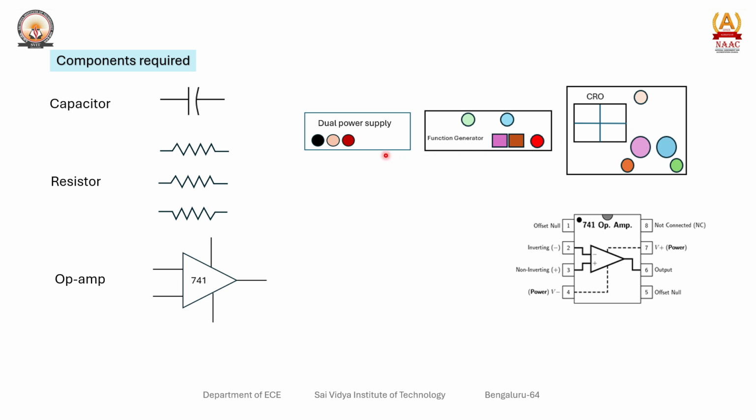The essential terminals, switches and controls that we are using in the dual power supply, function generator and CRO are mentioned here. This is the pin configuration of the op amp with inverting terminal, non-inverting terminal, output terminal, and positive and negative power supply.